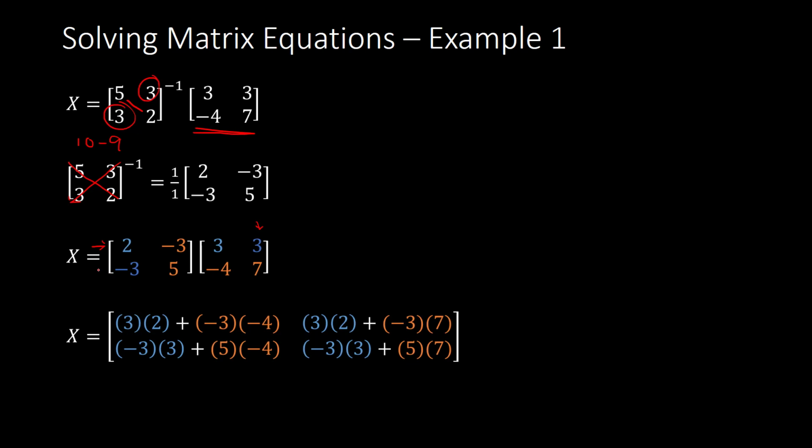And then I'm going to do the same thing now with the second row. So second row, first column, I have 3 times -3, and then -4 times 5. And then second row, second column, I get 3 times -3, plus 5 times 7. So when you add and multiply all of these, my resulting matrix would be 18, negative 15, negative 29, and a positive 26.